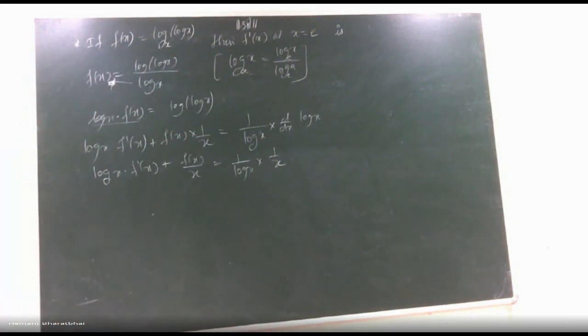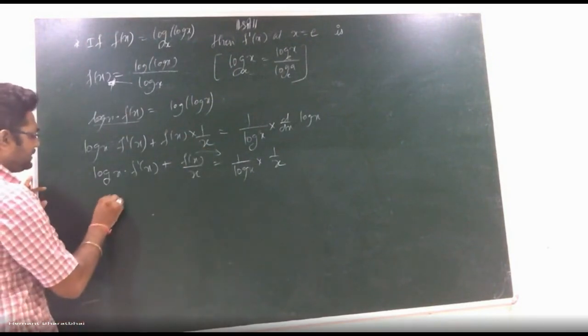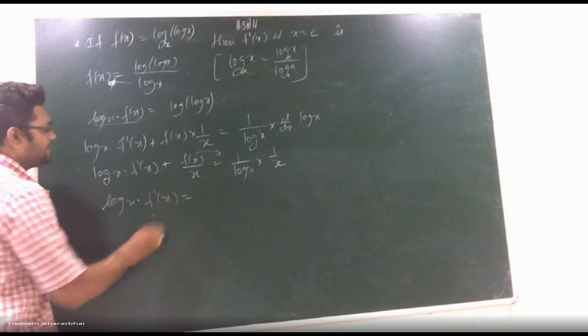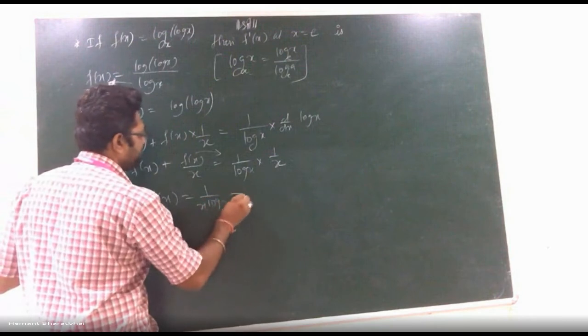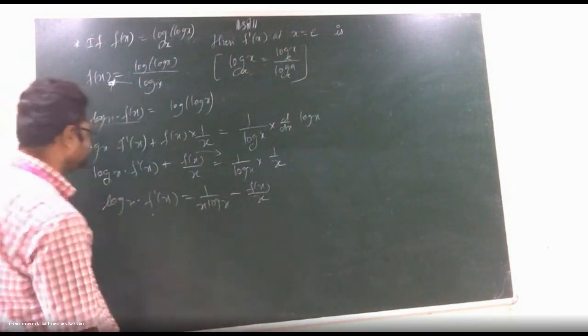I want the value of f'(x), so this term I will take over there. So I will get log x into f'(x) is equal to 1 upon x log x minus f(x) upon x.